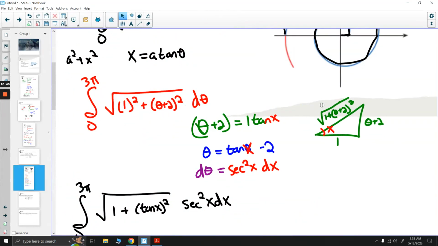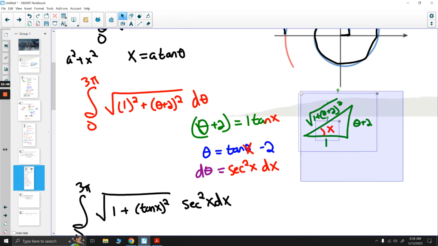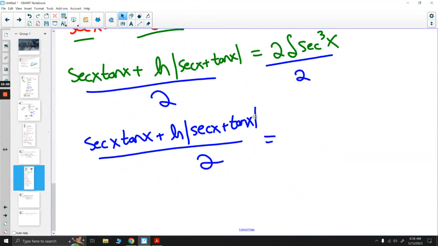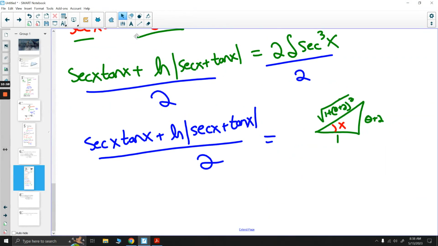So let's go ahead and pull this thing down here. I wanted to just select multiple, thank you. We'll Control C a few times since Smart Notebook hates Control C for some reason. All right, so we're going to use this thing here. Secant of x is 1 over cosine. Cosine is adjacent over hypotenuse, so it's hypotenuse over adjacent.